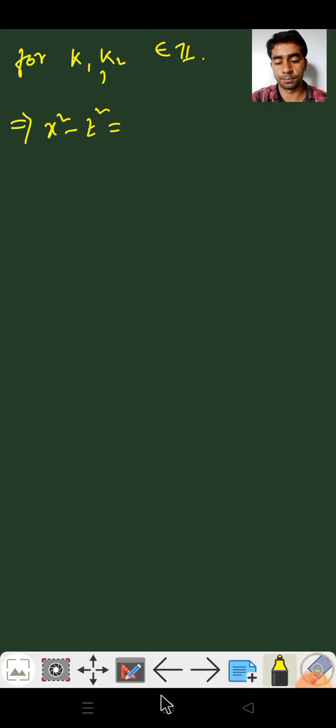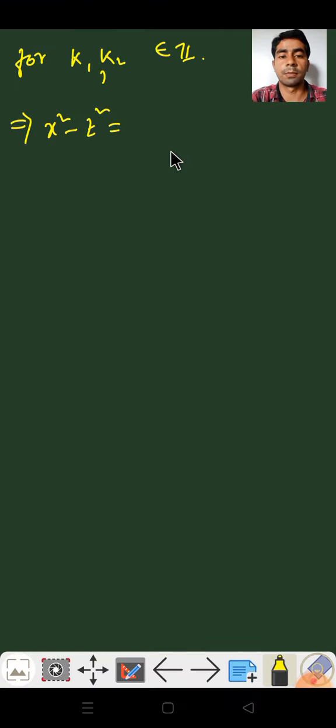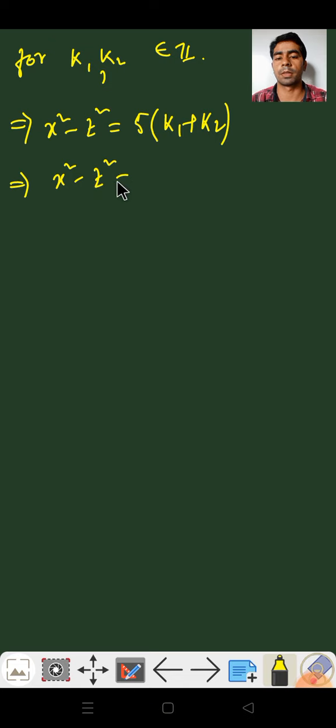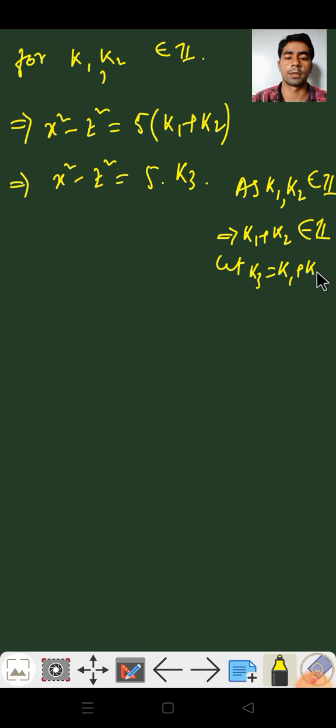as k1, k2 belongs to Z. Now this implies that x square minus z square will be equal to 5 into k1 plus k2, which implies x square minus z square equals 5 into k3, as k1, k2 belongs to Z. This implies k1 plus k2 also belongs to Z. Let k3 equals k1 plus k2.